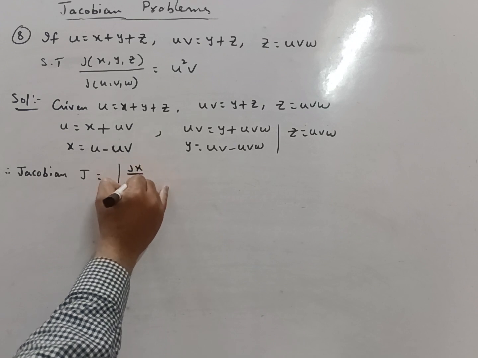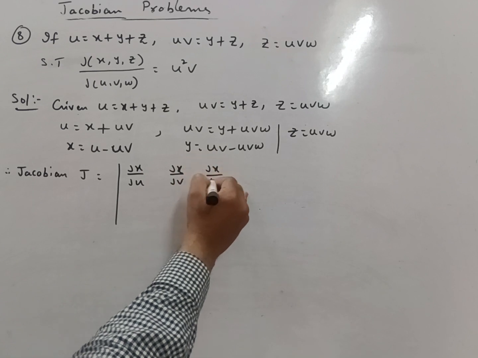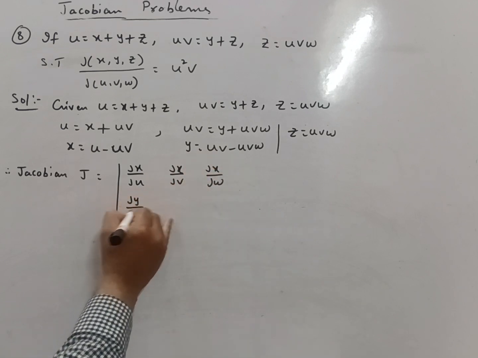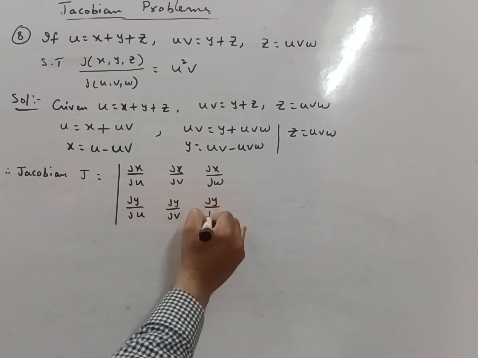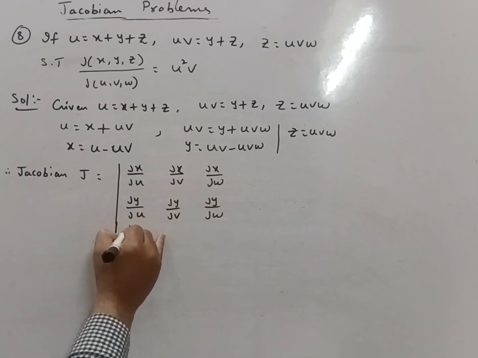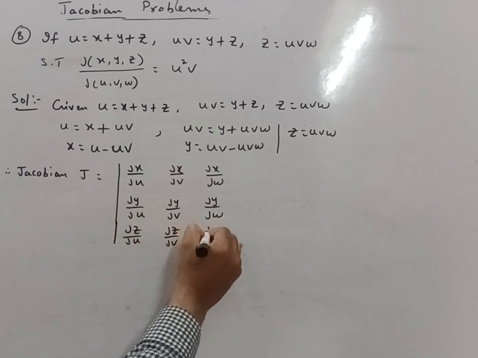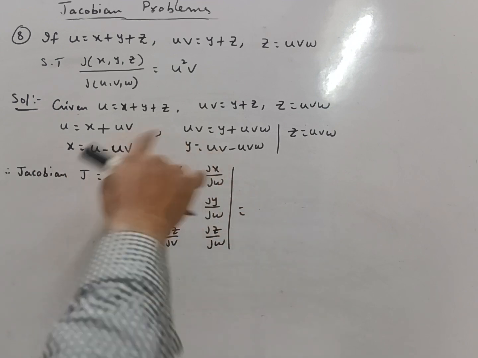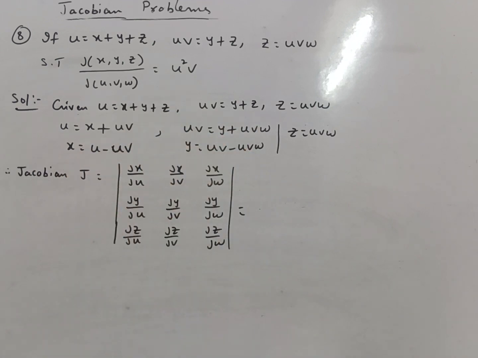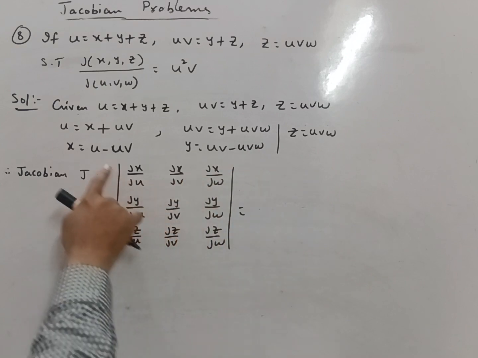So the determinant of dou x by dou u, dou x by dou v, dou x by dou w, dou y by dou u, dou y by dou v, dou y by dou w, dou z by dou u, dou z by dou v, dou z by dou w. Correct? So changing x, y, z in terms of u, v, w is very important.